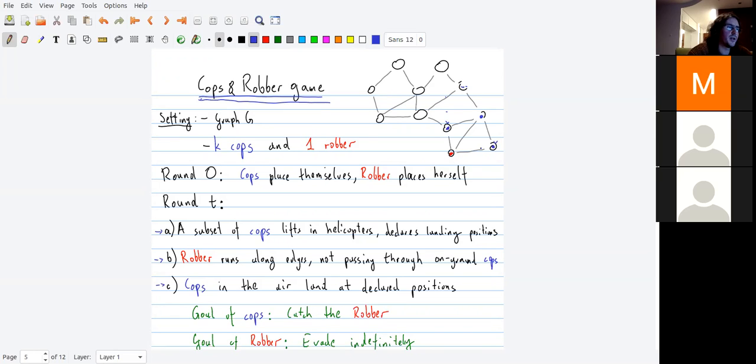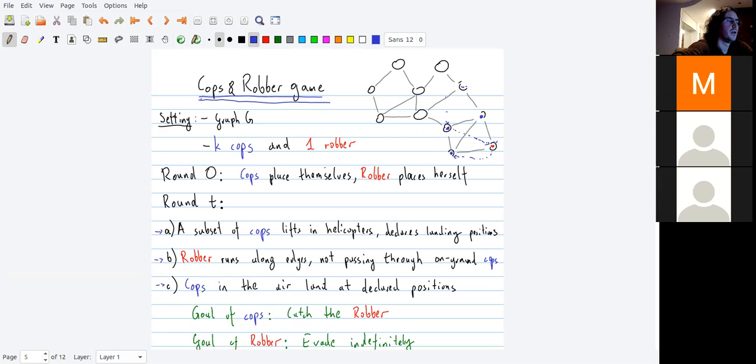Yes, and now, for instance, this cop can decide to go here. The robber needs to escape from here. Yes, she needs to move here. So now the situation is like that, and finally, this cop will catch the robber by landing on this vertex here.